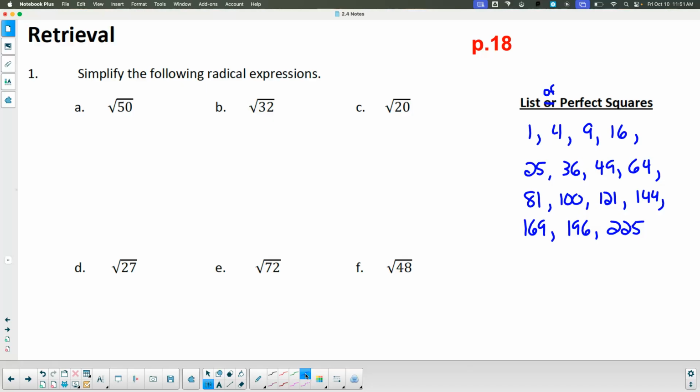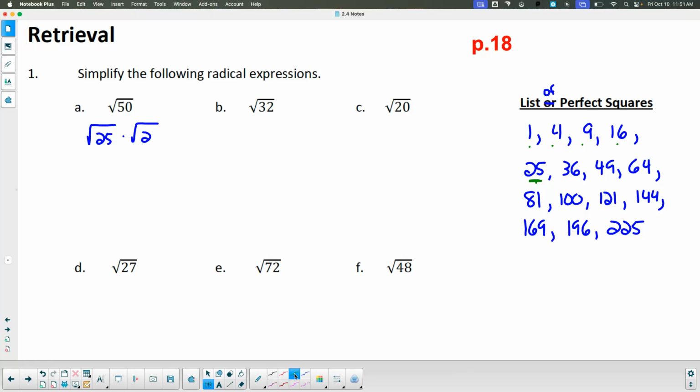Okay? So you can think about that by saying, well, the square root of 50 here is the square root of 25 times the square root of 2, because 25 is on our list of perfect squares. The square root of 25 would be 1, 2, 3, 4, 5.